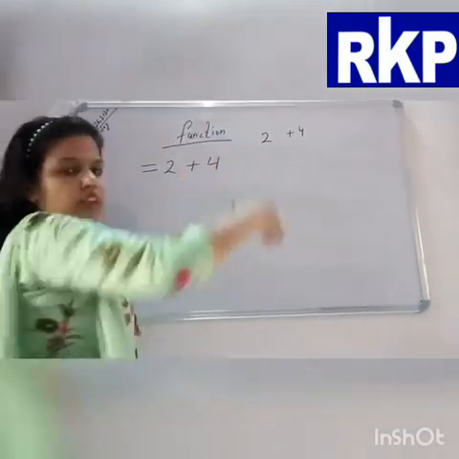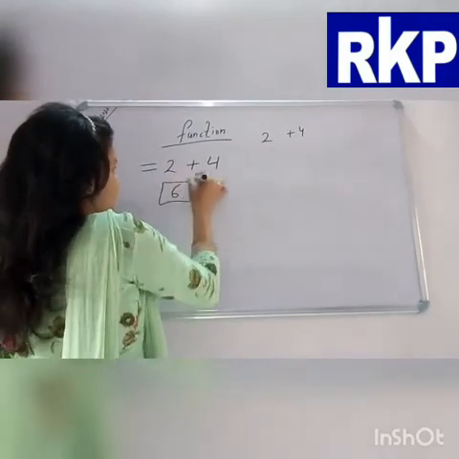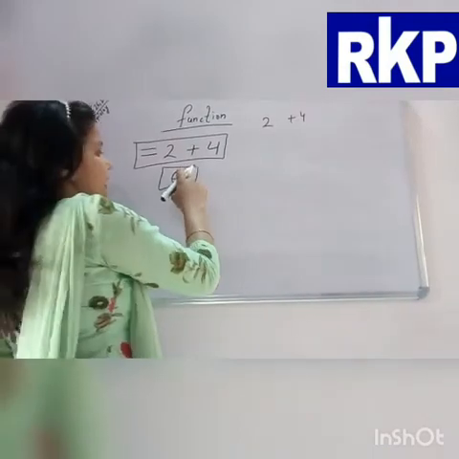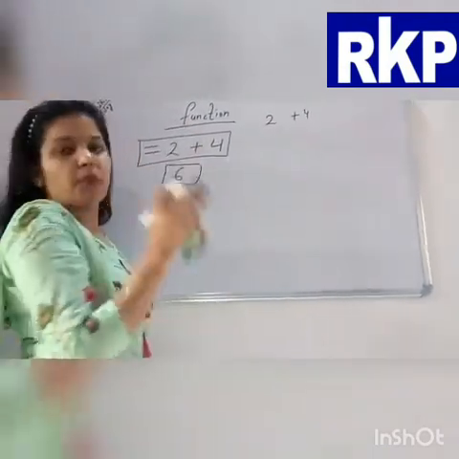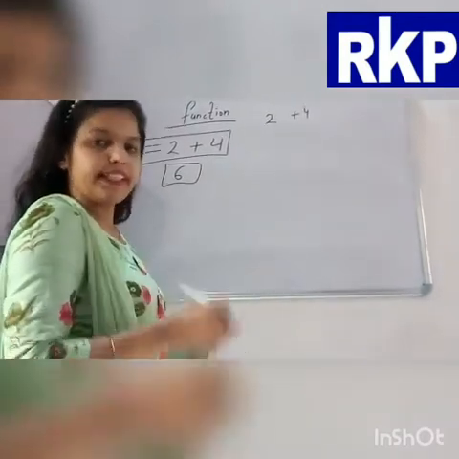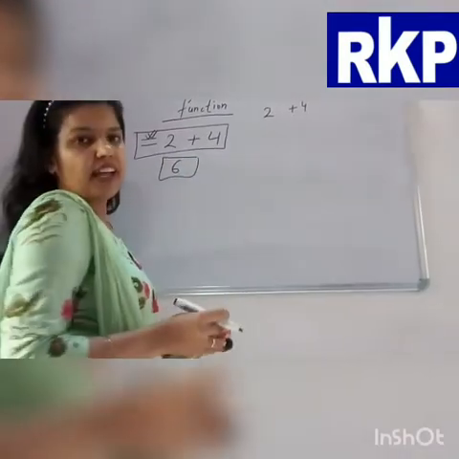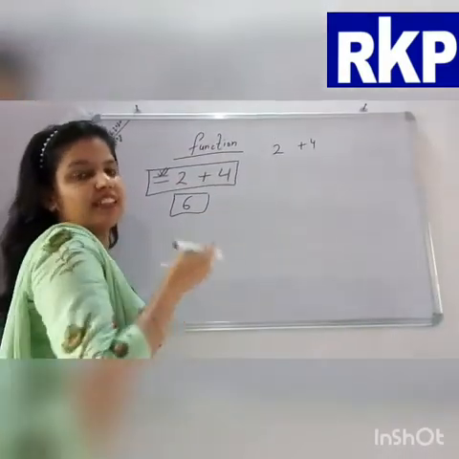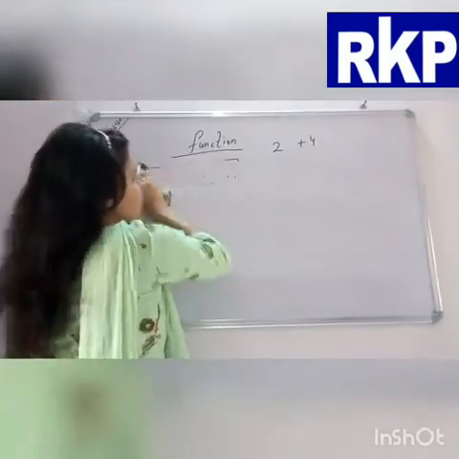After that, when you press enter, you will get the result 6 in the cell. So every formula or function must begin with the equal sign. Equal sign is compulsory. Otherwise, Excel will consider it as a simple value, not any formula or function.